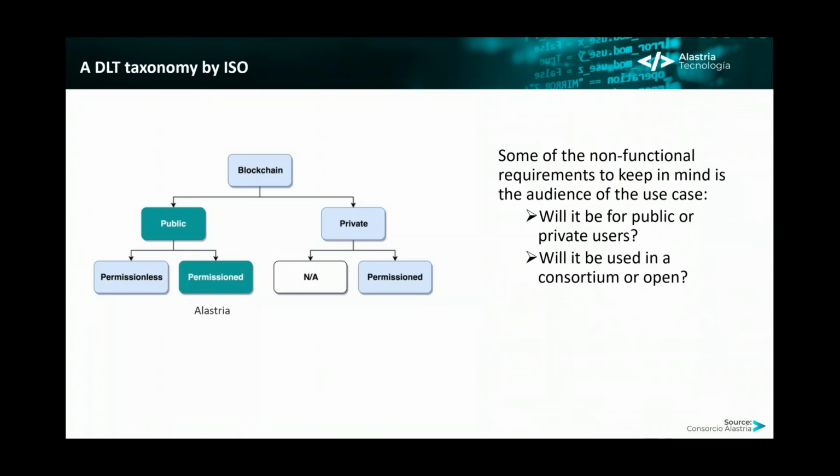This is another taxonomy that was published by the ISO, the International Organization for Standardization, that also classified the different blockchains, the different DLTs, regarding whether they are public, private, or permissionless.